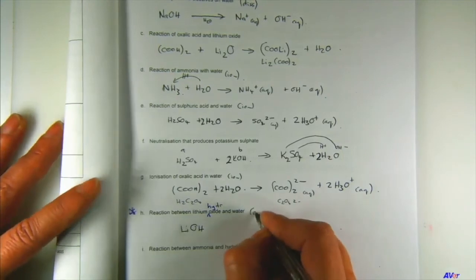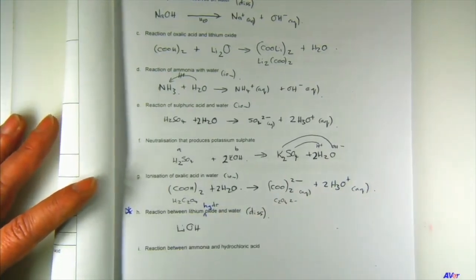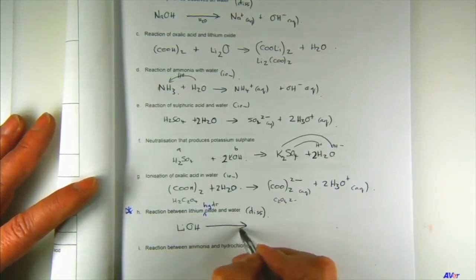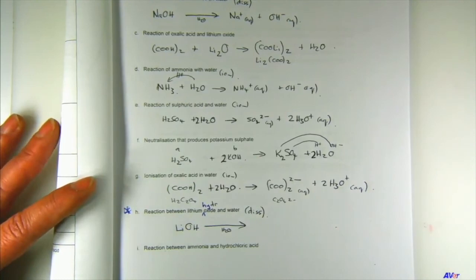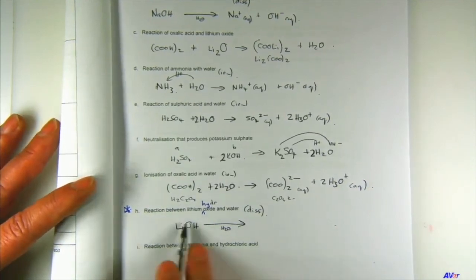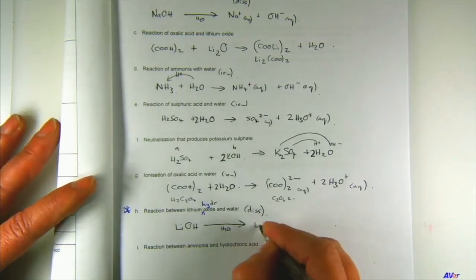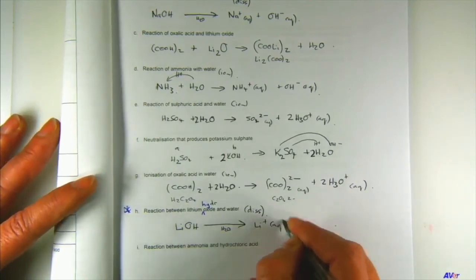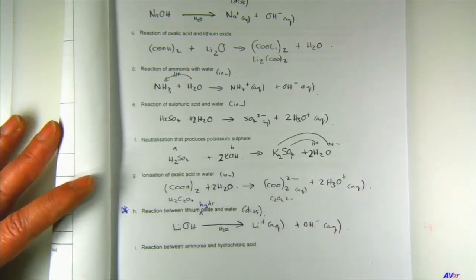Bases are going to dissociate except NH3, right? So if it's going to dissociate, don't put water in the equation. It's not going to react with the water. It's already got ions over there. It's just going to go apart. So the lithium is going to one side and the hydroxide is going the other way.